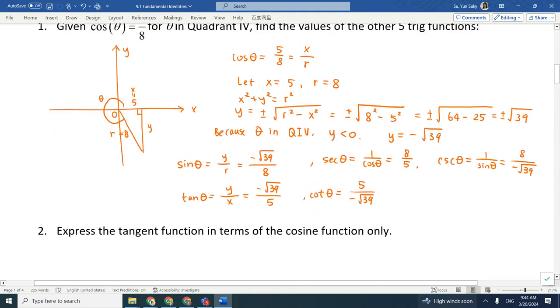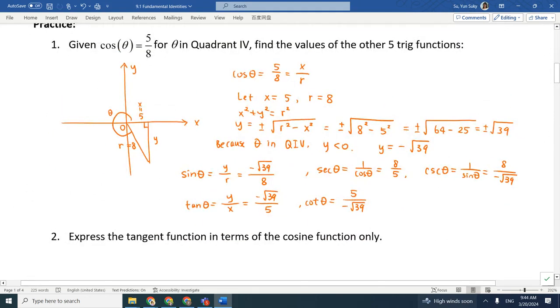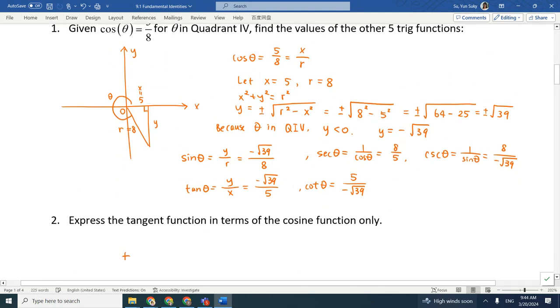Okay, so number 2, express the tangent function in terms of the cosine function only. Okay, so what is tangent? Yes, sine theta over cosine theta.